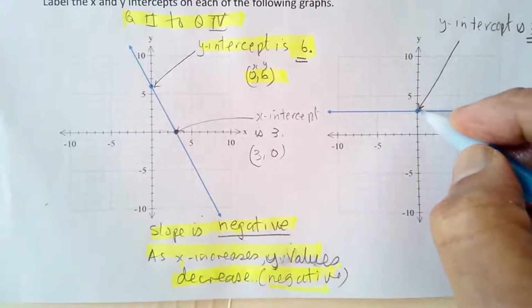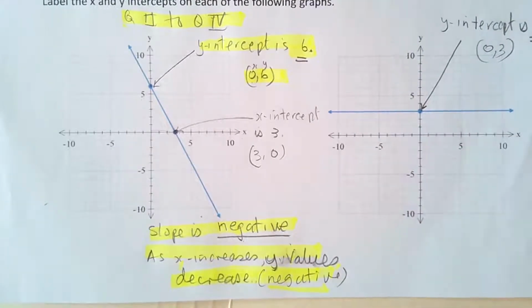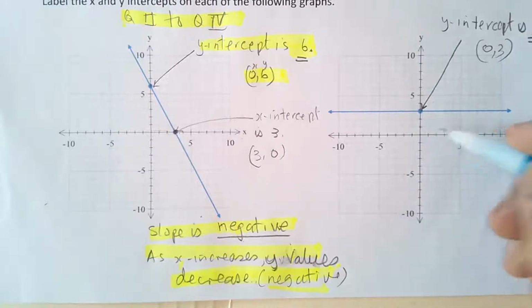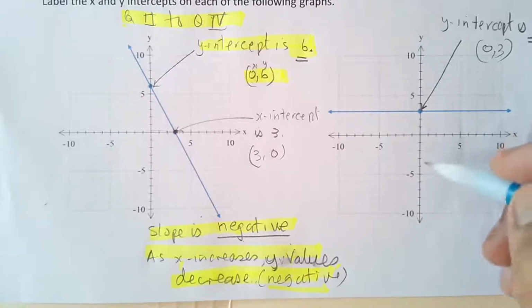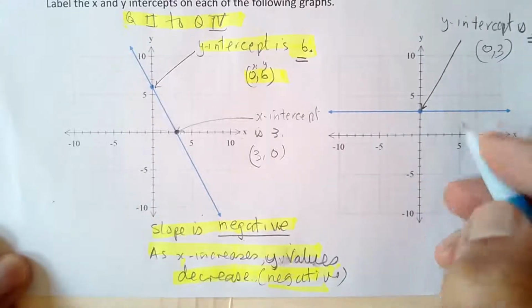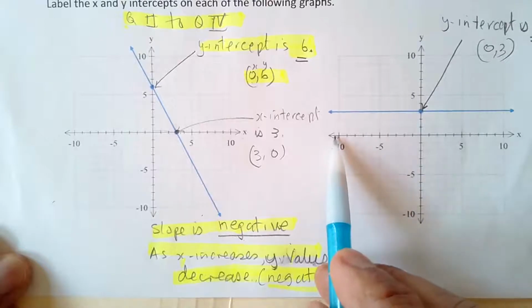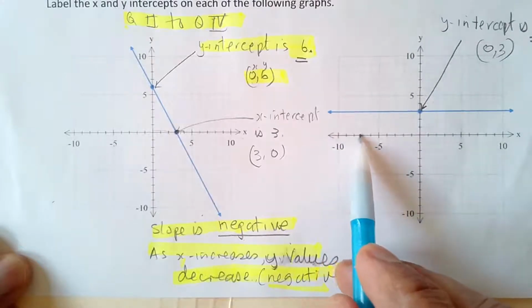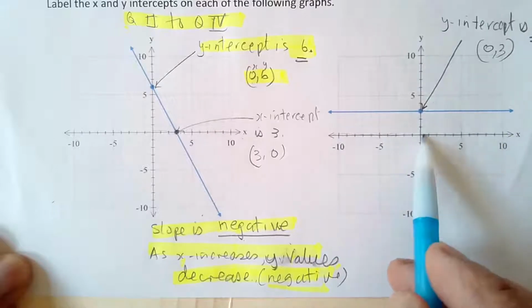So this point here would be the coordinates (0, 3). And notice there is no x-intercept since the line does not pass through the x-axis. The only time we'll have an x-intercept is if the horizontal line is exactly on the x-axis.